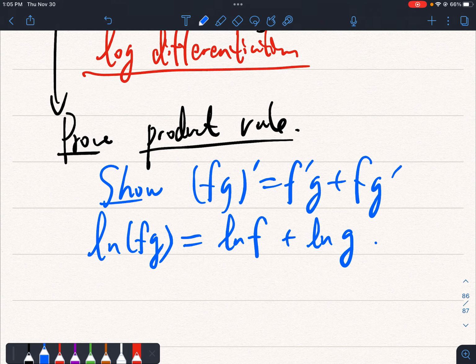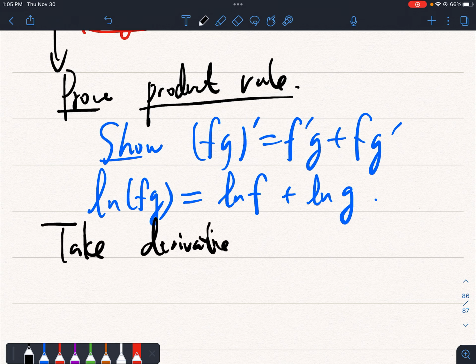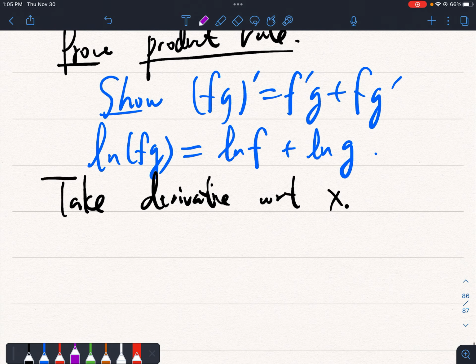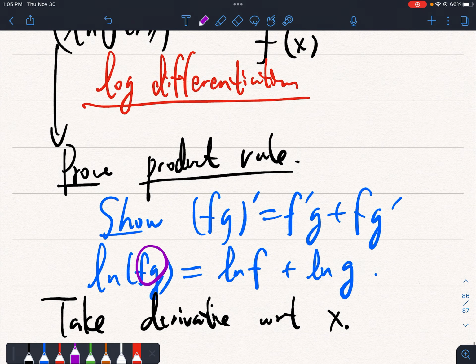Well, we can look at the ln of fg. Then this is going to be ln of f plus ln of g by one of the rules of log. And then we can take the derivative of both sides with respect to x for sure. Take the derivative with respect to x.